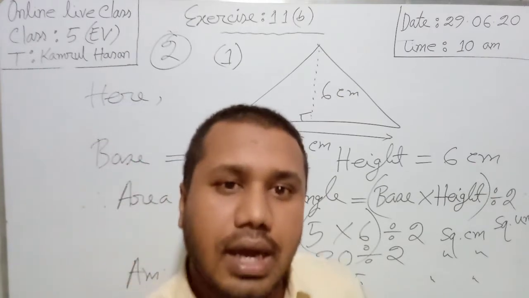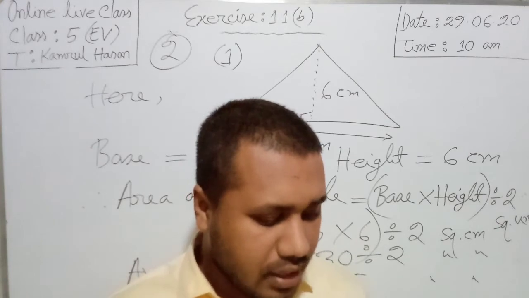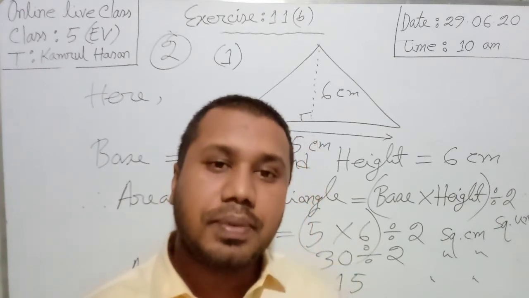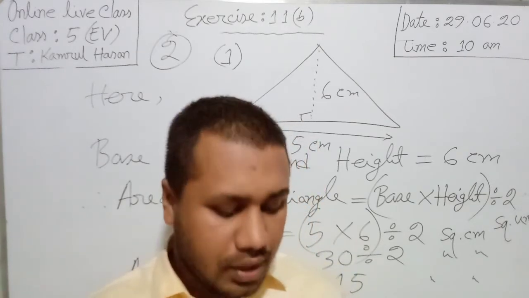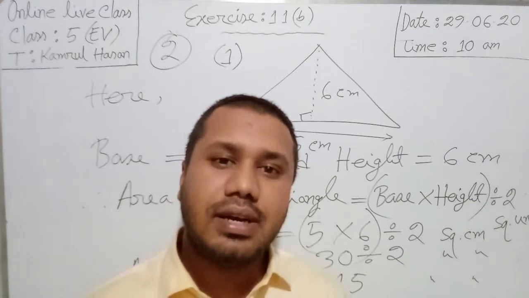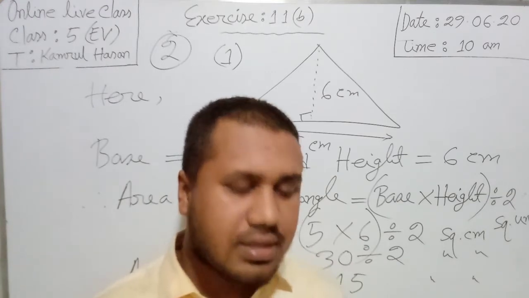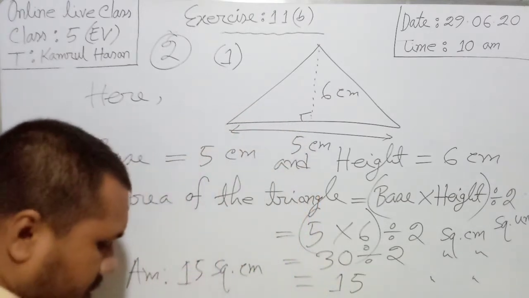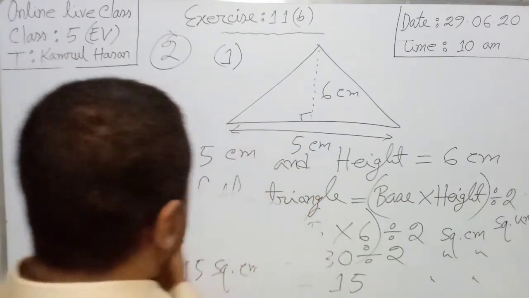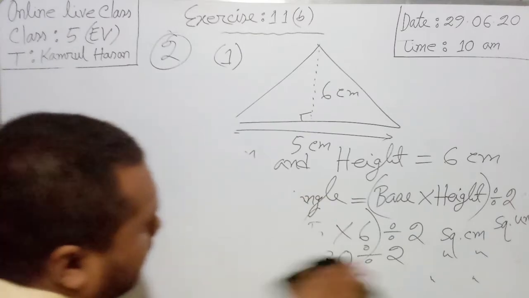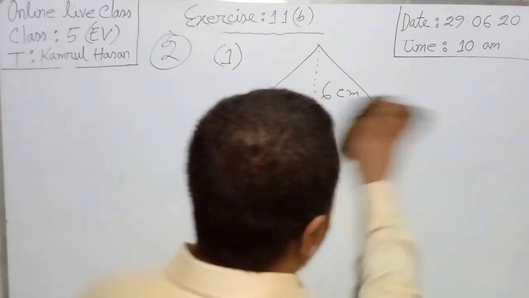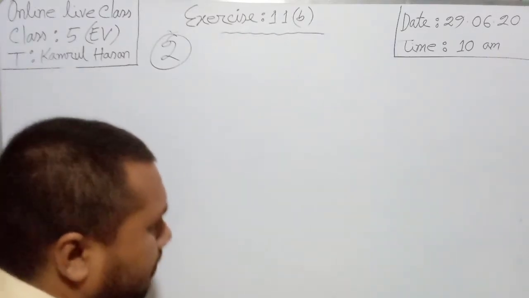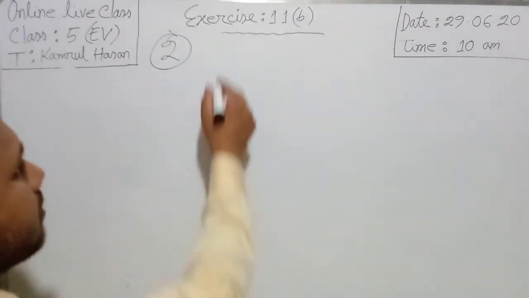So number 2 you can take as homework. Number 3, look, this shape is a parallelogram. Good. And here 5 centimeter is the base and 6 centimeter is the height. Now dear students, I am also drawing it. Number 3.